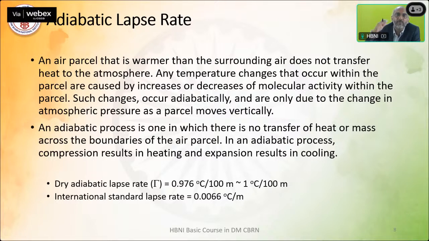So this is how the temperature inside the parcel varies because of compression or expansion. In general, the dry adiabatic lapse rate is around 1 degree per 100 meters. And the international standard lapse rate, that is the other lapse rate, if you see it in meters, is 0.006 degree per meter.